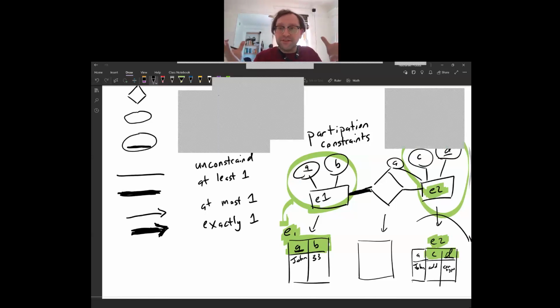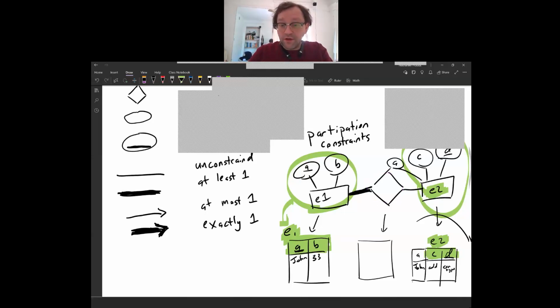Okay, so here are these two different tables that both have information about John. What if I wanted to combine the information about John from both of them? That's the role of this relationship: somehow we know that this contains something about John, and this also contains something about John. How can we relate them together?